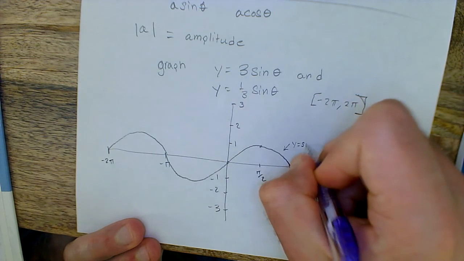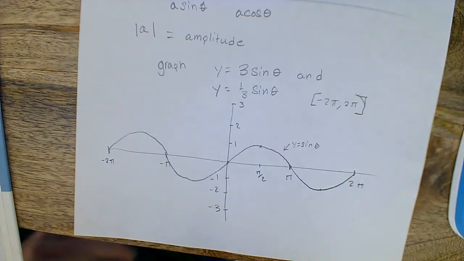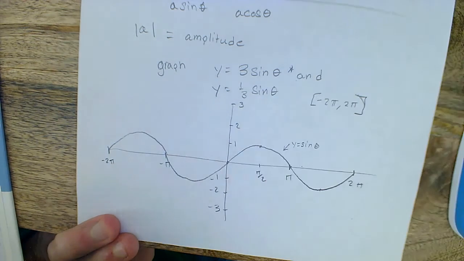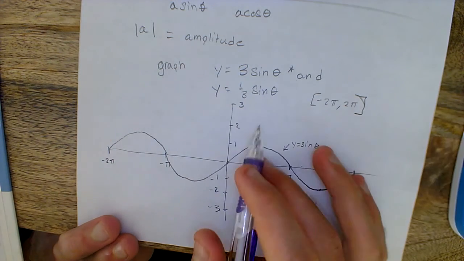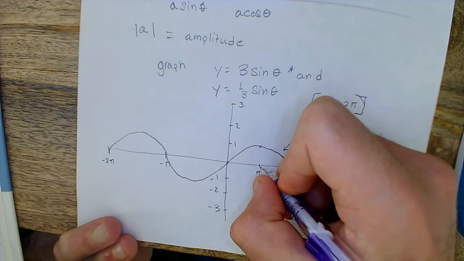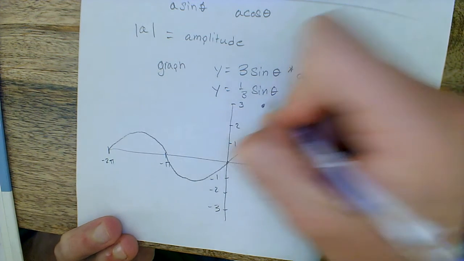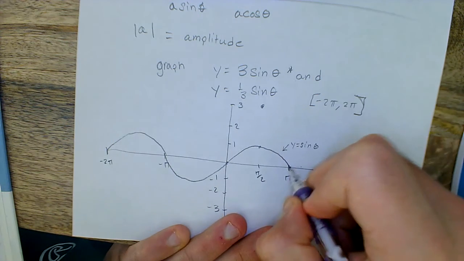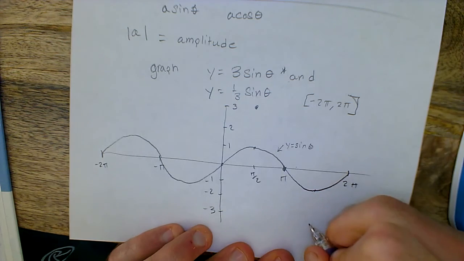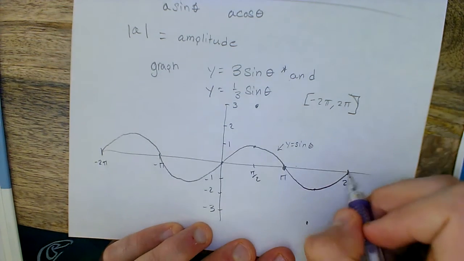Okay, so this is y equals sine theta. So now let's graph y equals 3 sine theta. So this is going to change the amplitude. So what this 3 does is it's going to take the pi over 2 value, instead of being at 1, it's going to go up to 3. And it's going to go back down. The zeros will stay the same, but the amplitude changes.